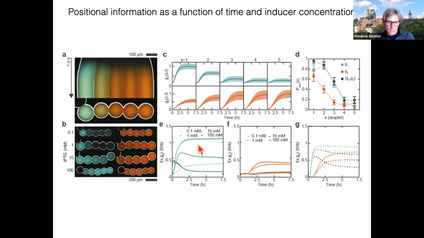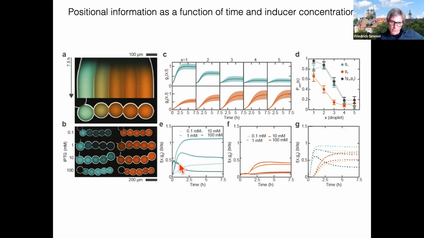And of course, if you have excessive concentrations like 100 millimolar, that essentially means that your whole system is flooded with the morphogen very quickly, and that means that you very quickly have concentrations above the induction threshold for LacI, and therefore you cannot distinguish anything in these systems.